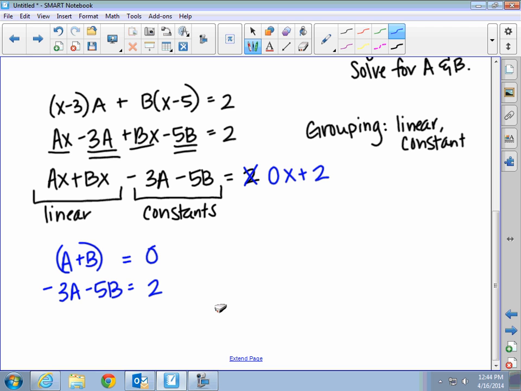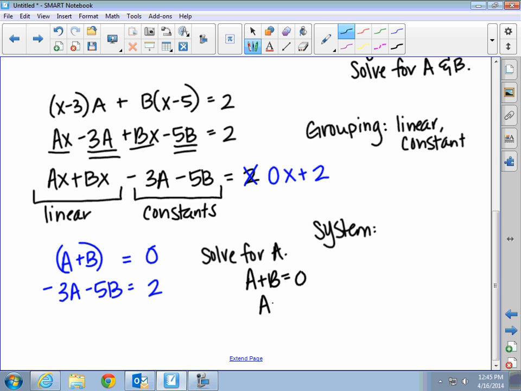How many of you guys remember how to solve a system? You do? Okay, so let's make a note that this is a system down here. Let's say solve for a. So what does a equal? Let's do it this way. Solve for a. a plus b equals 0. So a equals negative b. Okay?